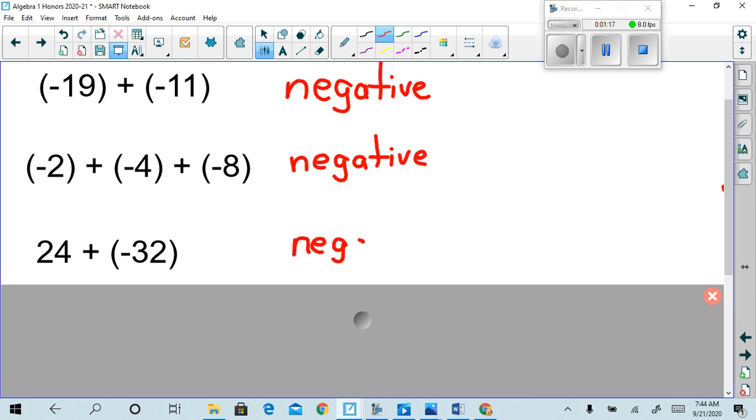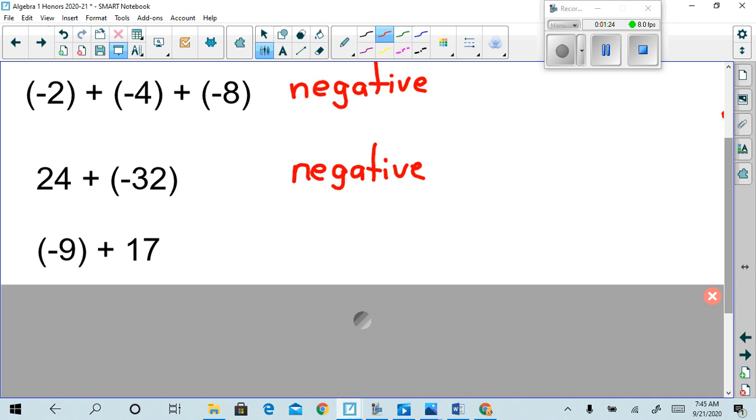We have another negative. Fourth problem, I've got -9 plus 17. Again, unlike signs, subtract, keep the sign of the greater absolute value, and we have a positive sum.